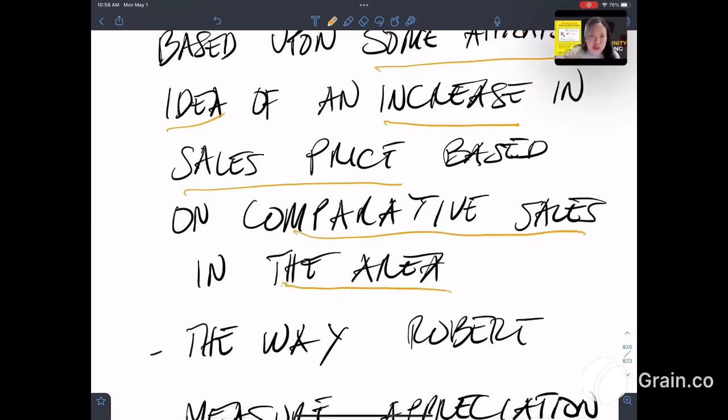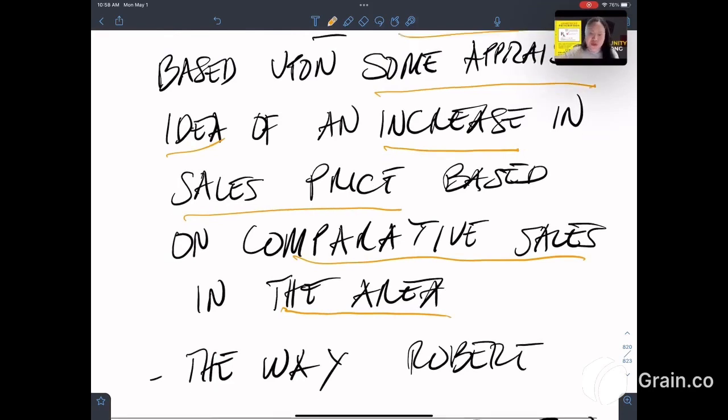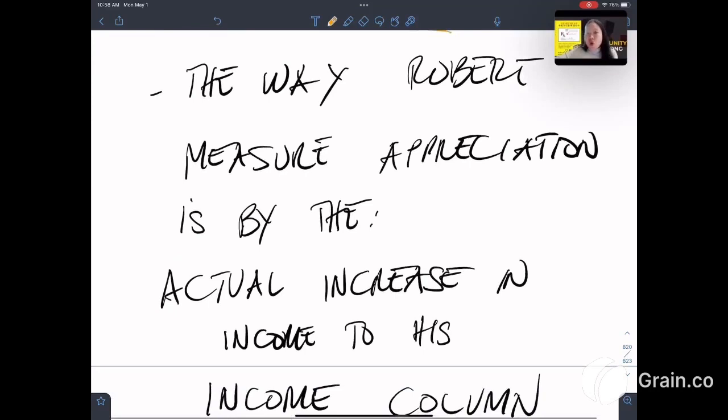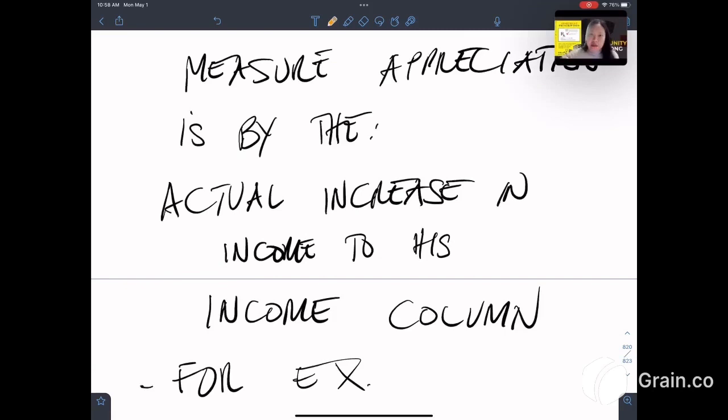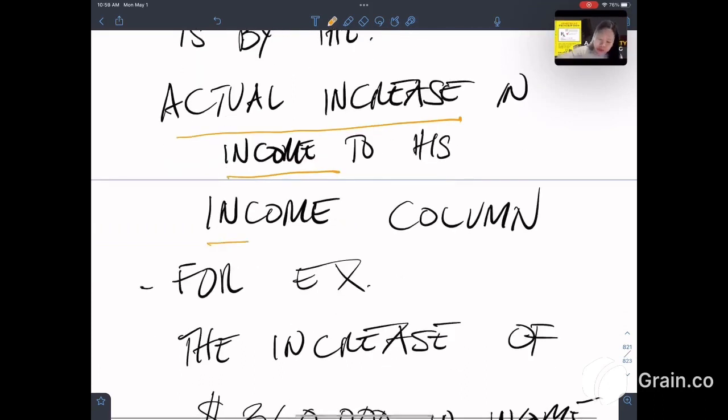So if you have 100 apartments, 200 apartments, 1,000 apartments, the appreciation is not based on the comparables. It is not based on the appraiser's value of your property. The way Robert measures appreciation, if you have hundreds of apartments, is not based on the comparables, but on the actual increase in income to your property's income column, or to Robert's income column, or to my income column.